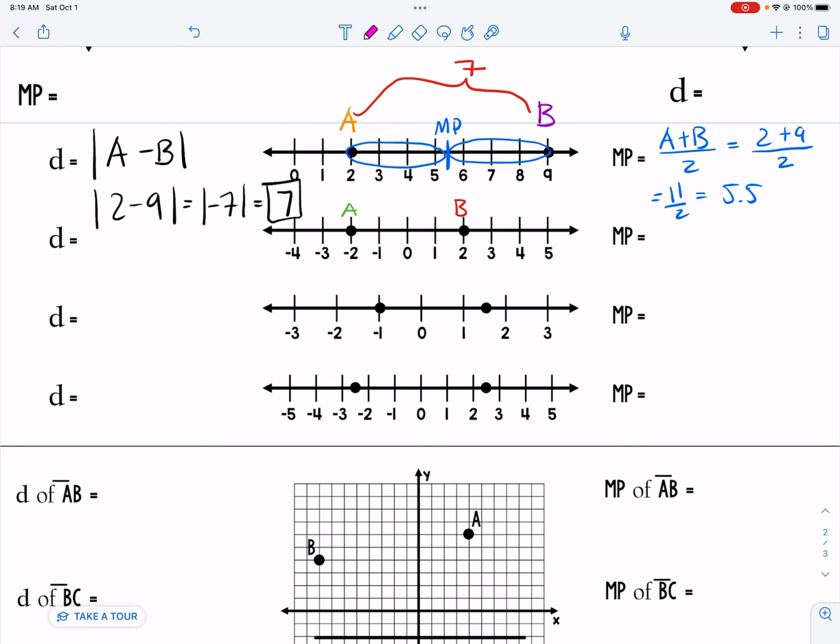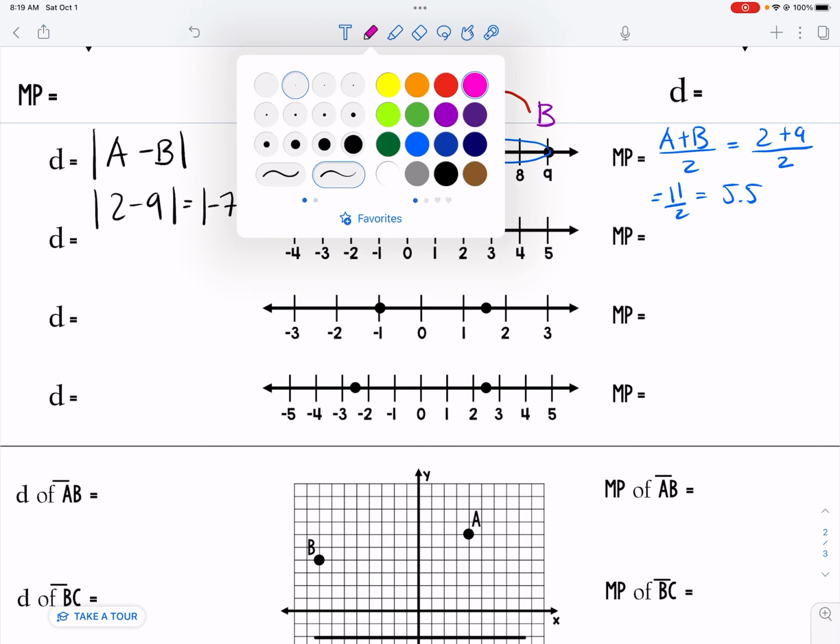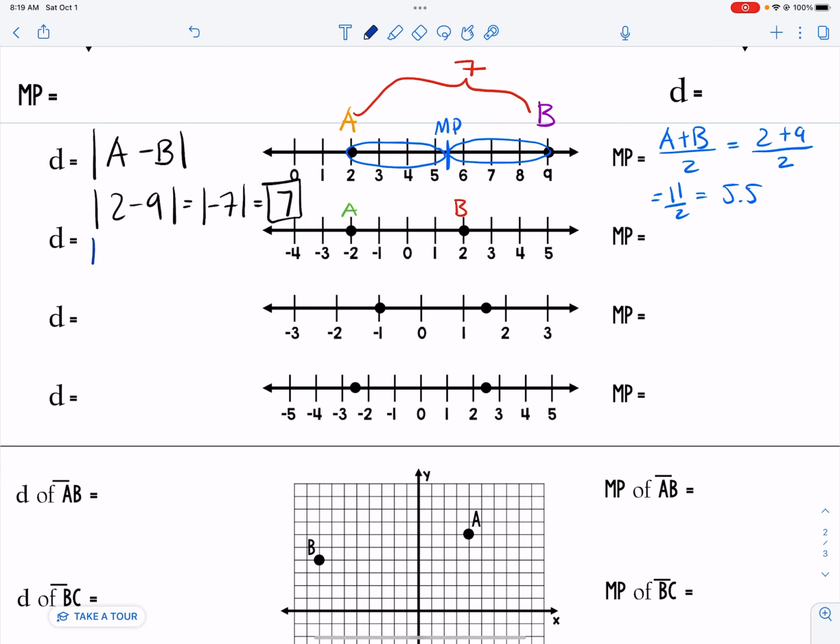Alright, so the distance between A and B. I'll write out the formula, the absolute value of A minus B. Go ahead and fill in your values, please. What will go inside these absolute values? That's correct. Negative 2 minus 2. And don't forget, this minus is going to be consistent with both, so that negative is always going to be there.